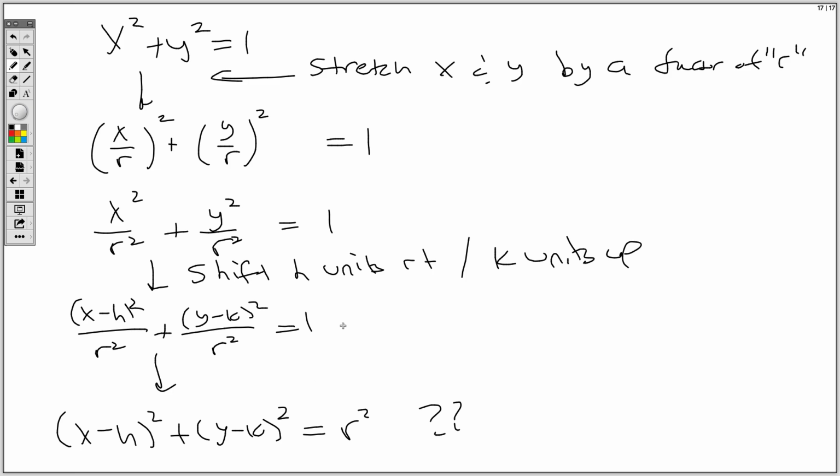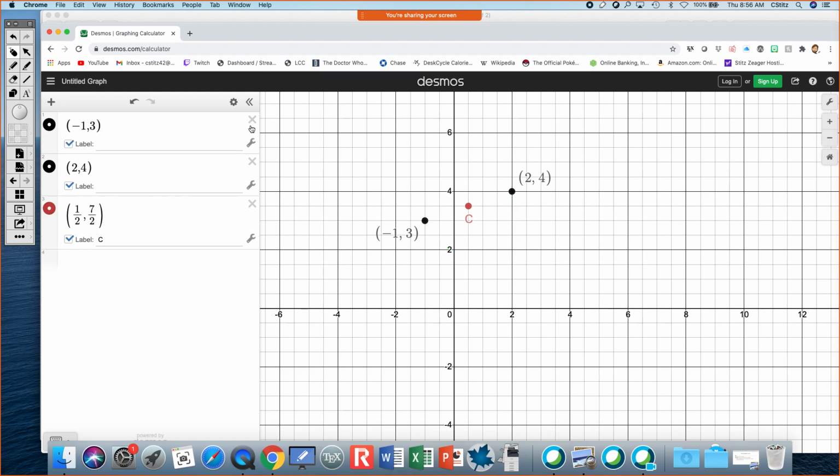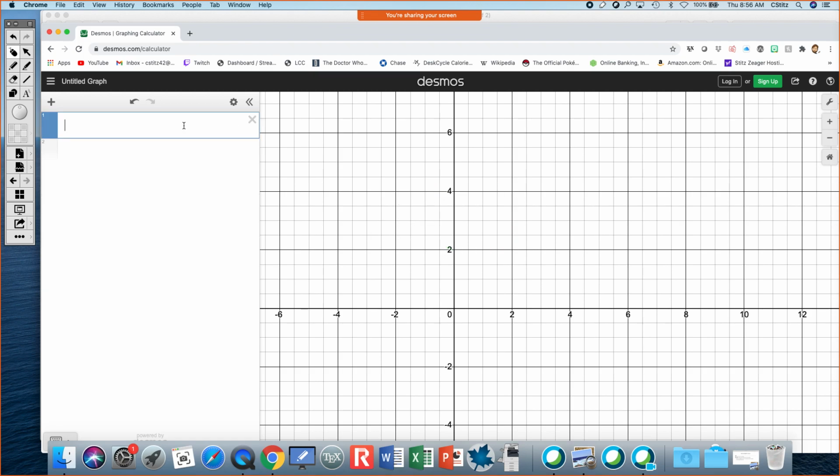Okay, so to show you this in action here, this is what's nice about Desmos, you can type in these parameters: x minus h squared over r squared plus y minus k squared over r squared equals 1.